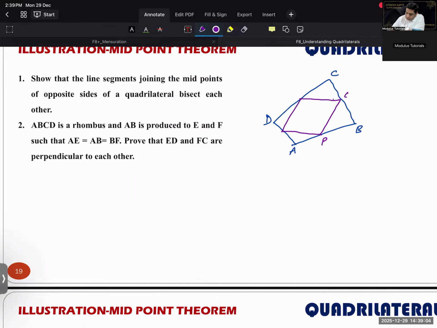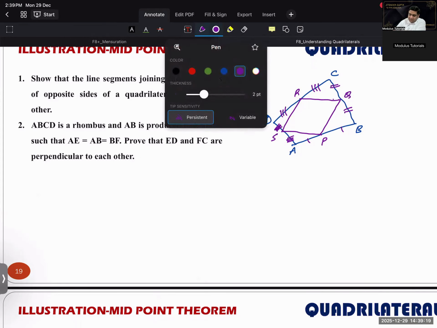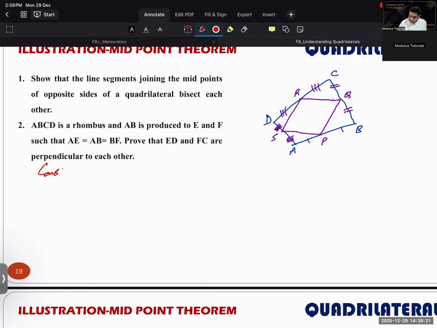This is P, Q, R, S, right? So these are the midpoints. Similarly, guys, we'll do the same construction again. What's the construction in this? Join AC, right? We have already done this twice.